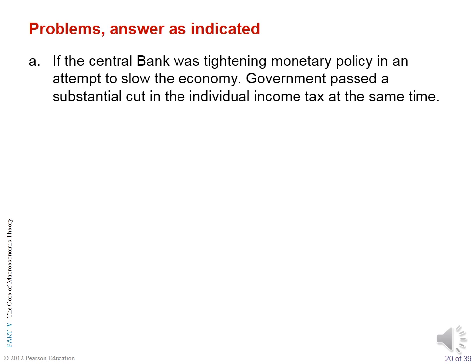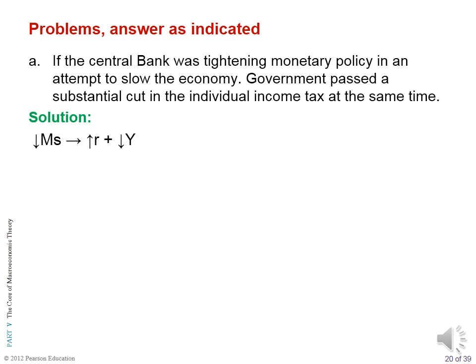Government passes a substantial cut in the individual income tax at the same time, so taxes decrease. That is expansionary fiscal policy. So I have contractionary monetary policy and expansionary fiscal policy.